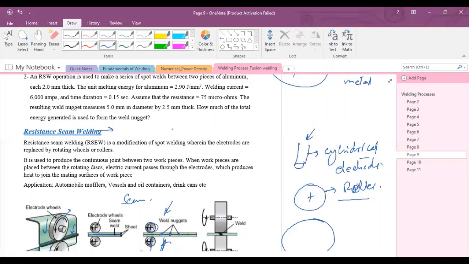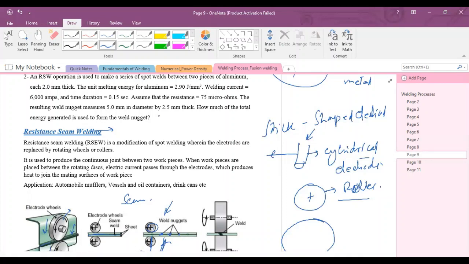In spot welding, you can see stick shape electrodes normally used, and the tips can be round, triangular, rectangular, or hexagonal. In seam welding, all the phenomena and the process are the same as in spot welding.